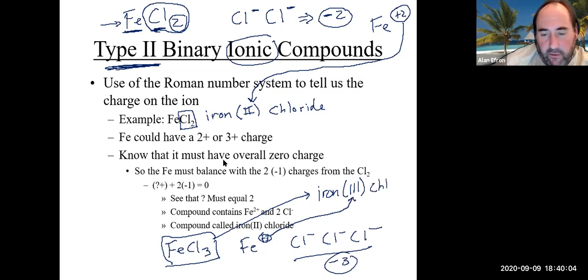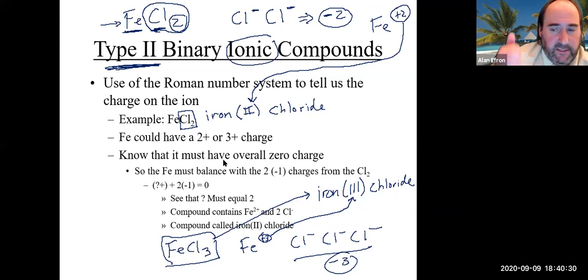and would still be called chloride. So the reason that we use the Roman numeral with type 2 guys, which are our transition metals, is because they can have multiple types of charges. We want to indicate to the person that's looking at it that in this particular case, we are talking about iron with a +2 charge versus the other case here where we're talking about iron with a +3 charge.